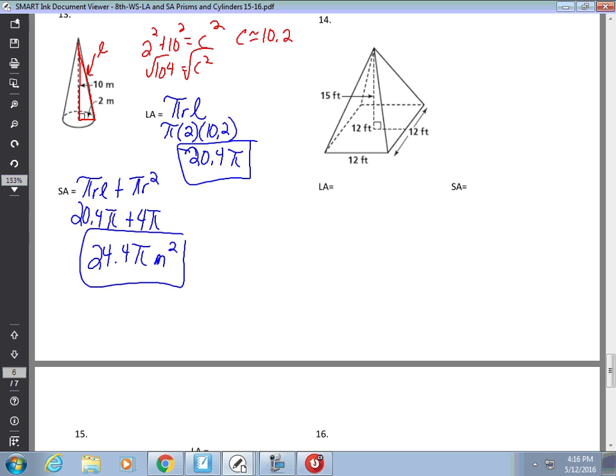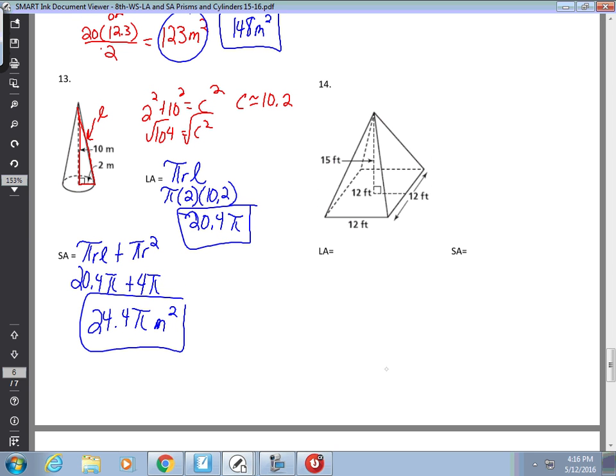Now, this next one, I'm tempted to omit it because it's not drawn to scale. Or maybe it is. Maybe they're trying to say this 12 is over here, because this should be 6. It's half the edge. It's half of that distance. Our base is a 12 by 12. And then the height is 15.